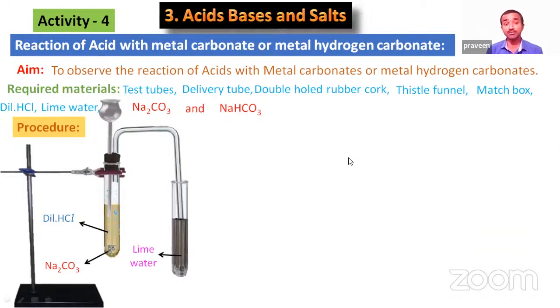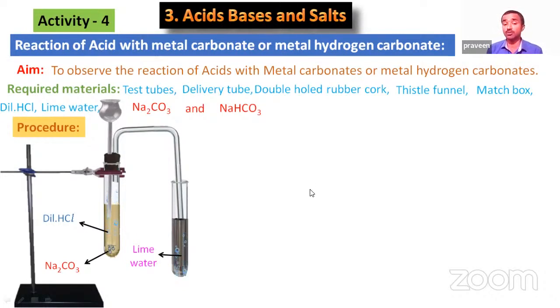Slowly the bubbles are released. The reaction is taking place, HCl and sodium carbonate are reacting. Then that gas is slowly transferred through the delivery tube to the second test tube, into the lime water. Bubbles form in the lime water.